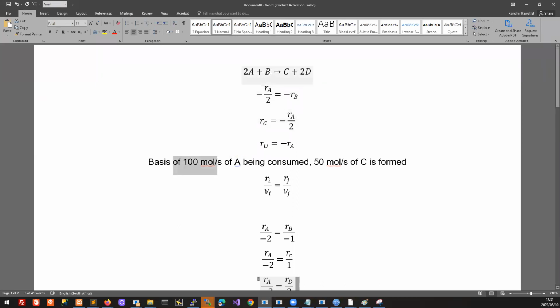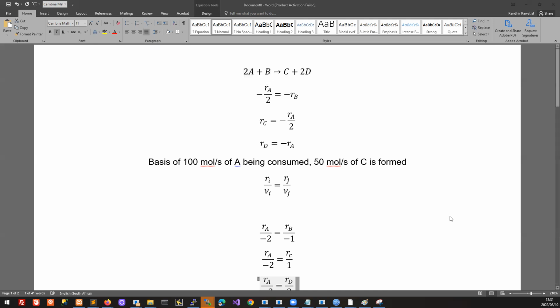B, for example, is consumed half as fast as A. So the actual value of the conversion of B will not be the same. And be careful when you think about conversion. Even though conversion is a nice dimensionless number, it's not the same for all species.